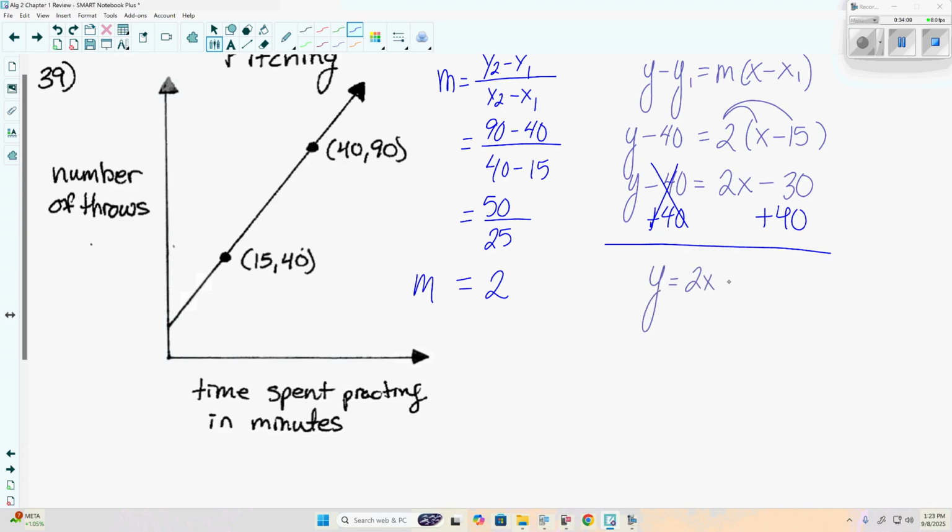Telling us y is equal to 2x plus 10. Found the equation of the line, so we're done. Questions on 39? Be ready for 40.